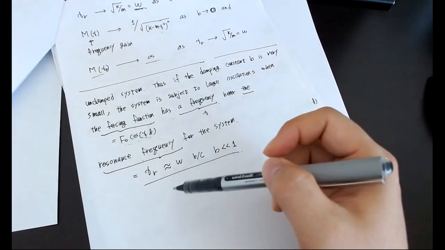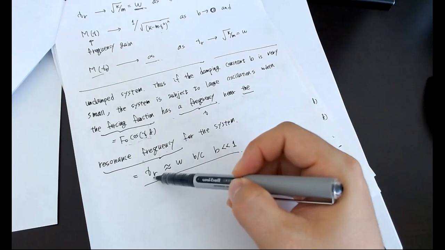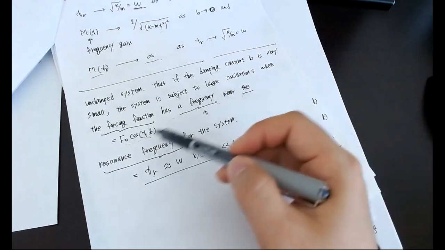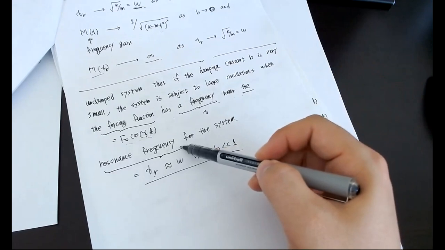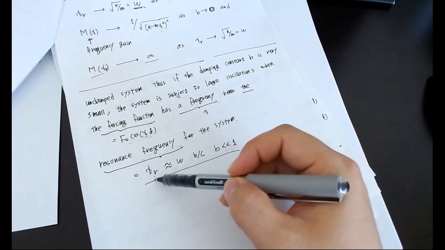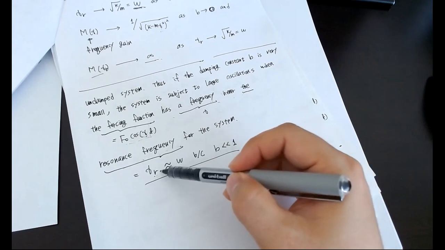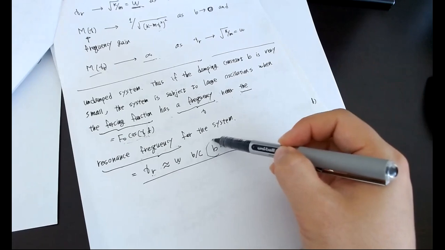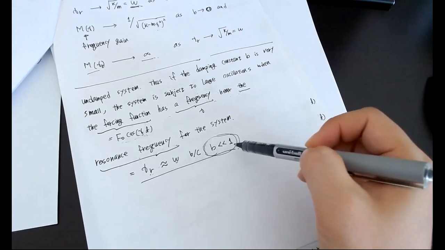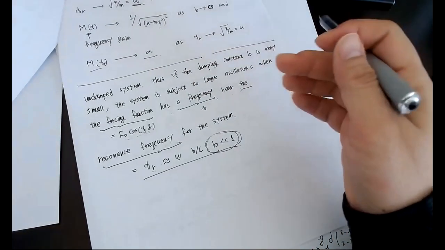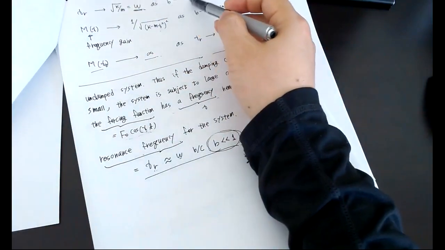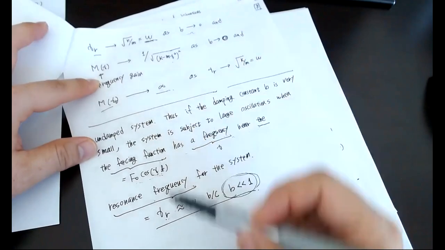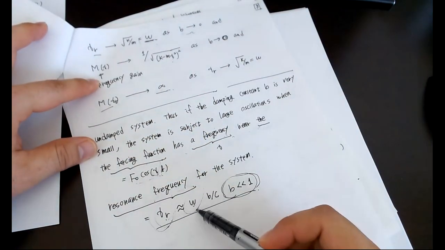So gamma r is near omega. Why? Because b is really small. If b approaches 0, gamma r approaches omega.